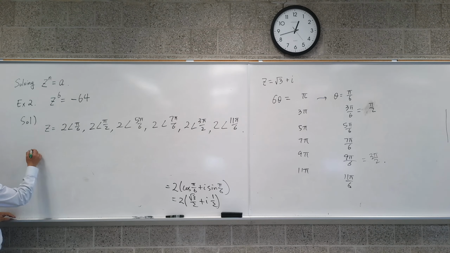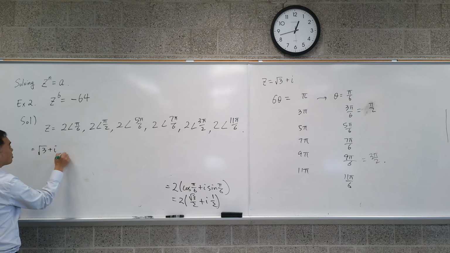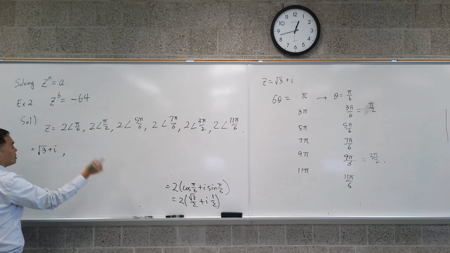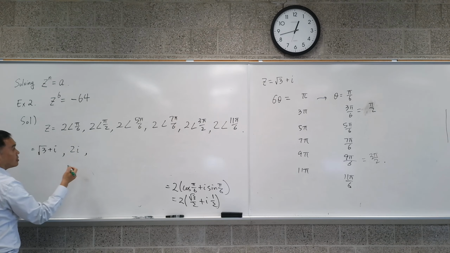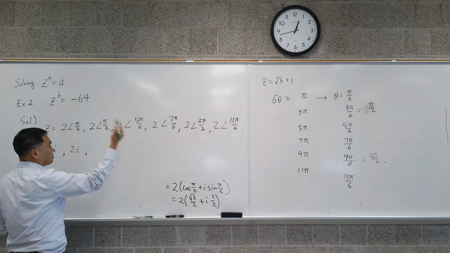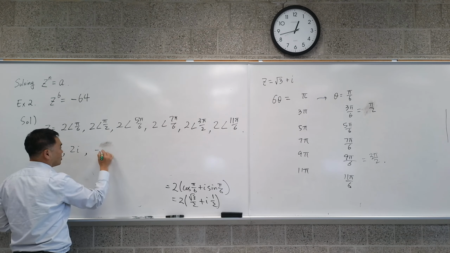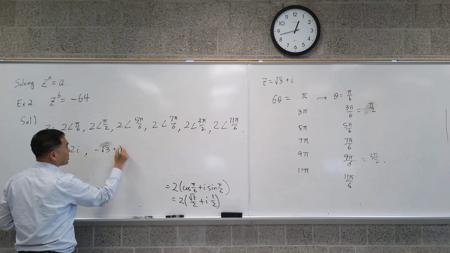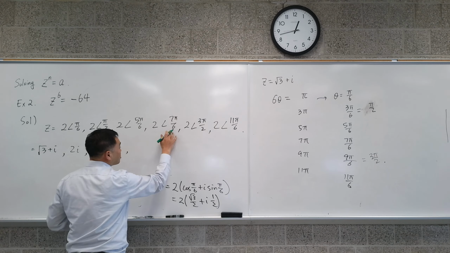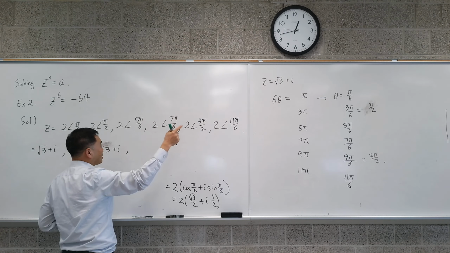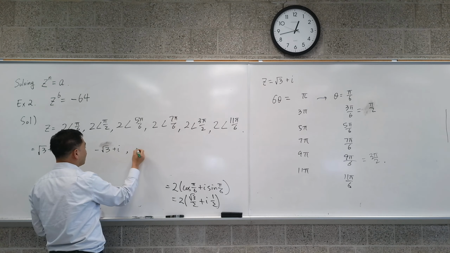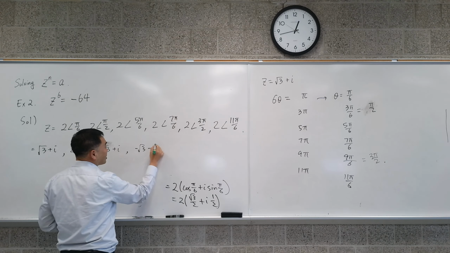If you did that, because of lack of time, let me just write down the answers. Radical 3 plus i is what you get over here. This will be 2i. This will be negative radical 3 plus i. This will be negative radical 3 minus i.